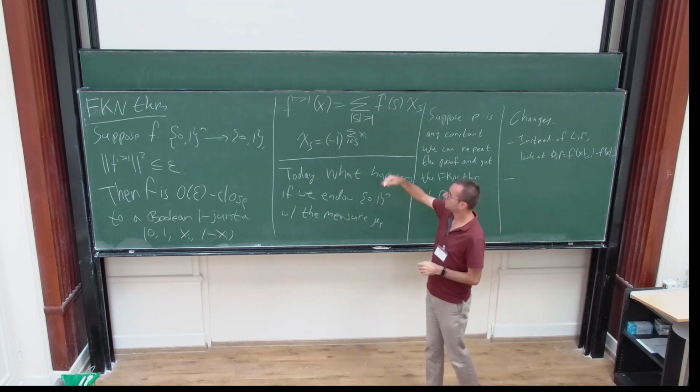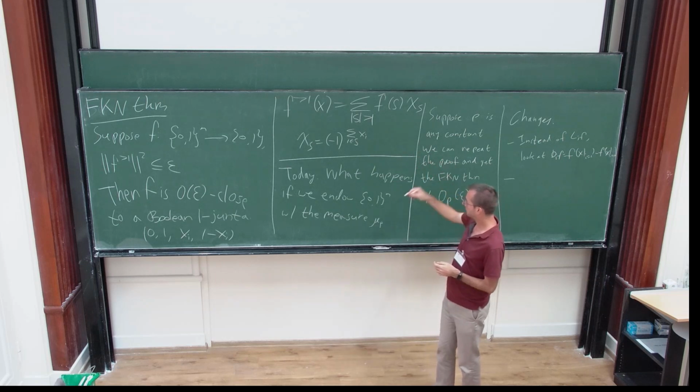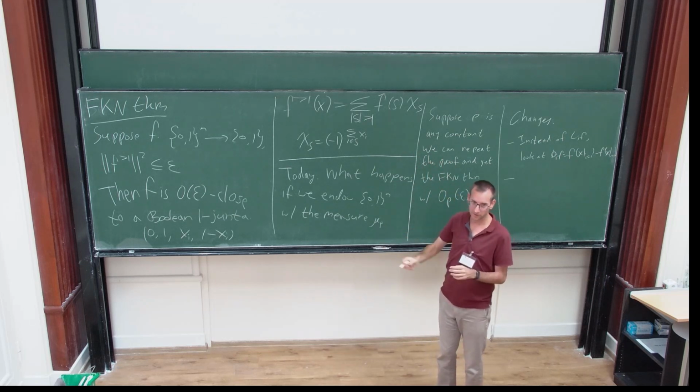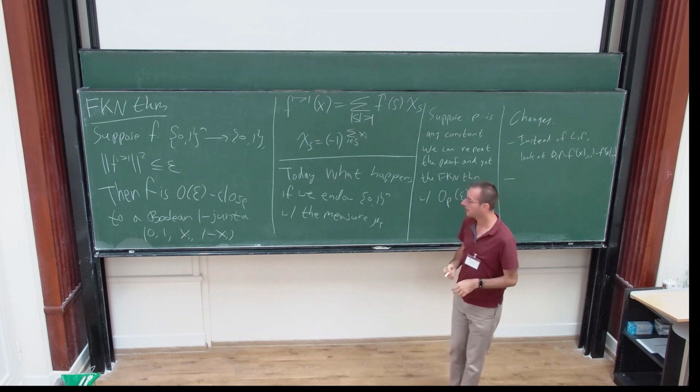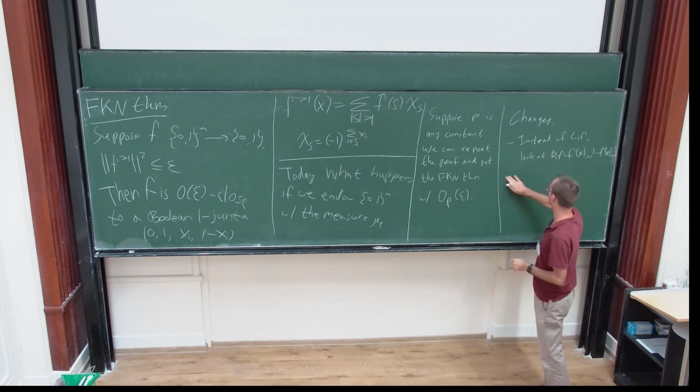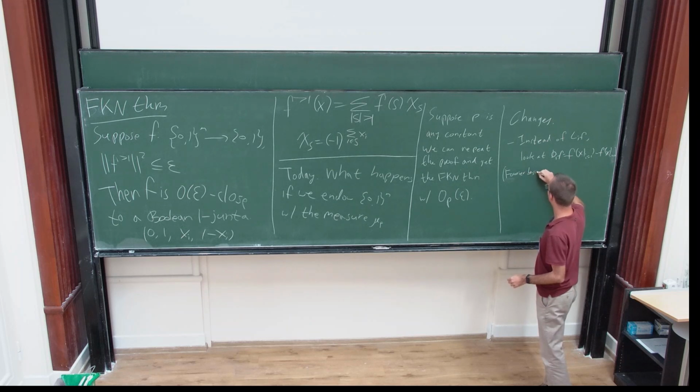When we're doing Fourier analysis with respect to this p-biased measure mu_p, we need to work with the Fourier basis, which is orthogonal with respect to the p-biased inner product, where we take the expectation over mu_p. And Noam already wrote what the Fourier basis looks like.